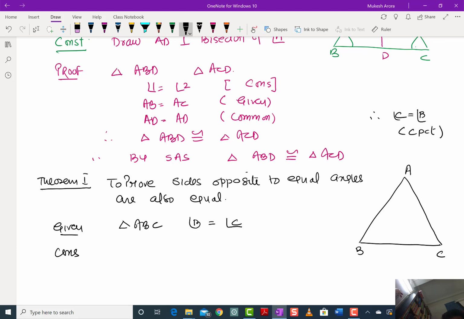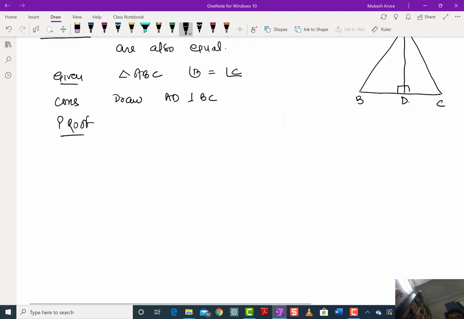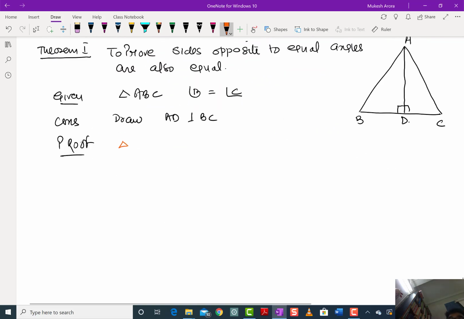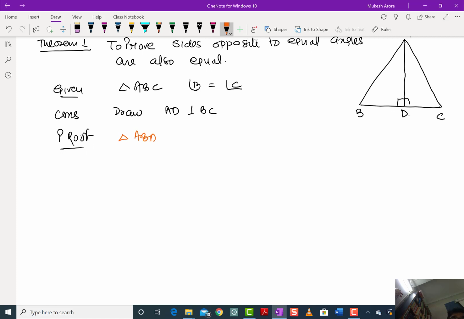Construction: draw AD perpendicular on BC. Proof. Triangle ABD and triangle ACD: angle B is equal to angle C, given.